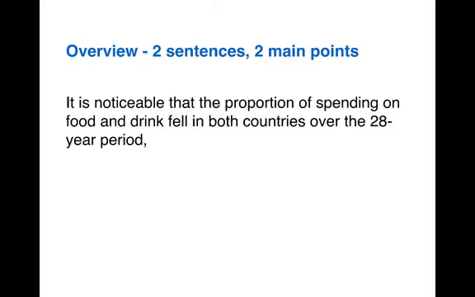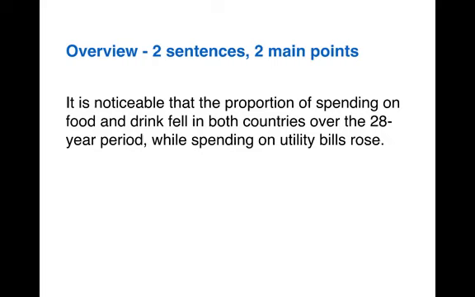It is noticeable that the proportion of spending on food and drink fell in both countries over the 28-year period, while spending on utility bills rose. Those are the 2 similarities that I pointed out.